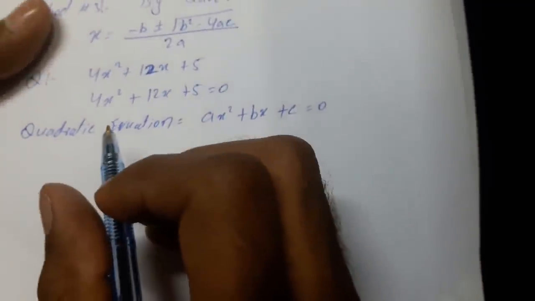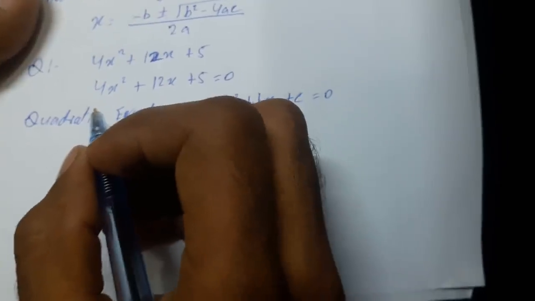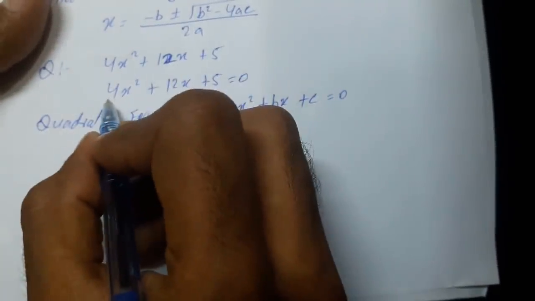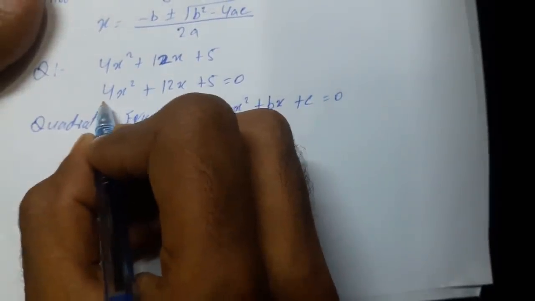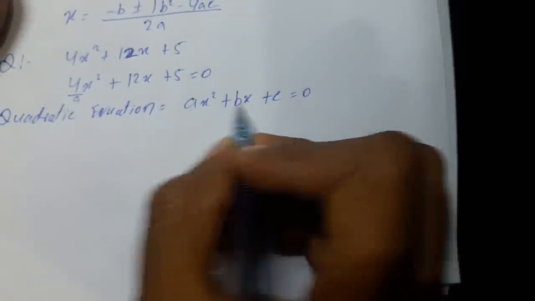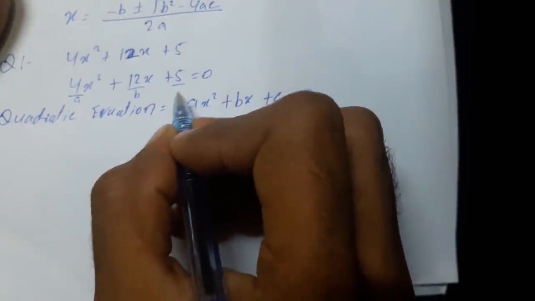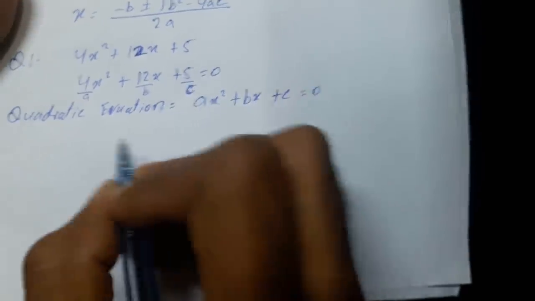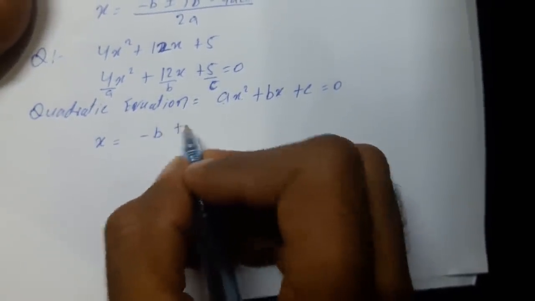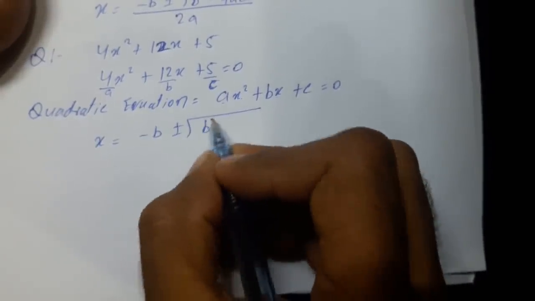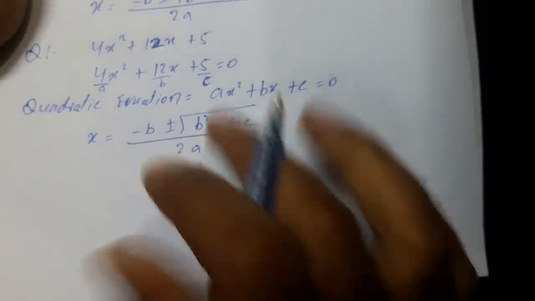Okay, so now we are solving this by the quadratic formula. So here, ax square, so 4 is a, bx means 12 is b, plus c means 5 is c. The formula is x is equal to minus b plus minus square root of b square minus 4ac, divided by 2a.